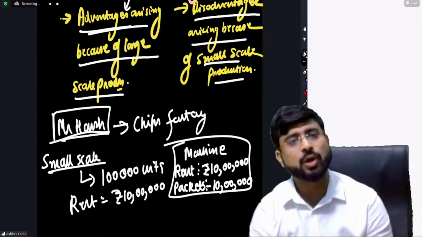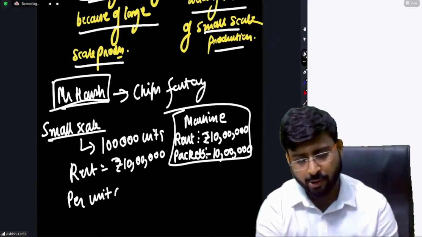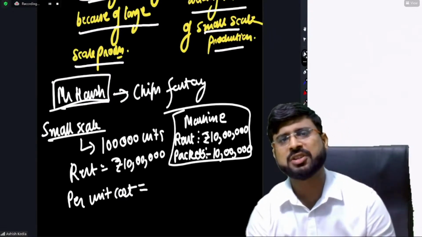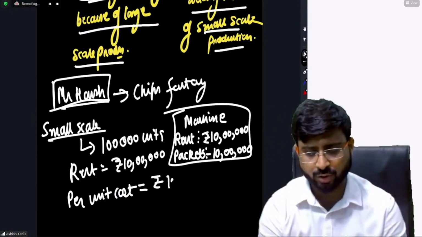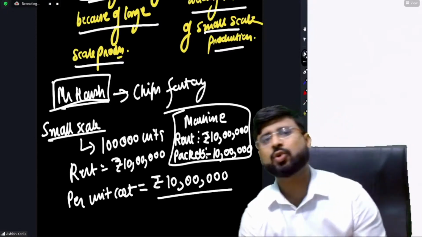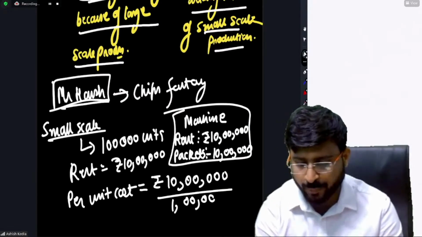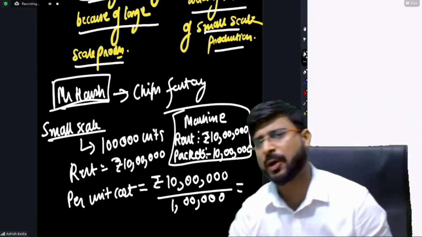So if I ask you, what is the per unit cost that Mr. Harsh had to pay? What will you say? So total rent is 10 lakh and the quantity he is producing is 1 lakh. So what is the per unit cost? Can you all tell me? Come on, answer me.